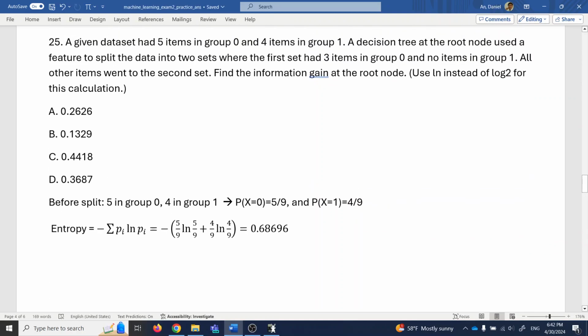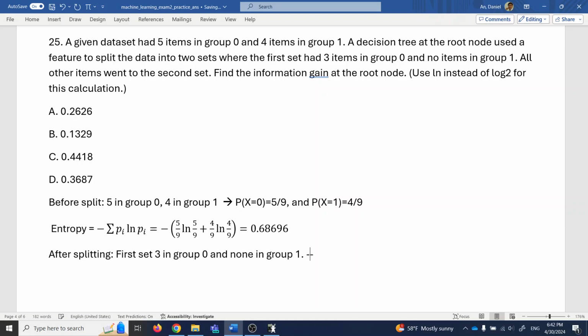And now let's think about the entropy after split. So after split, there are two groups, right? So in the first set, you have 3 in group 0 and none in group 1.